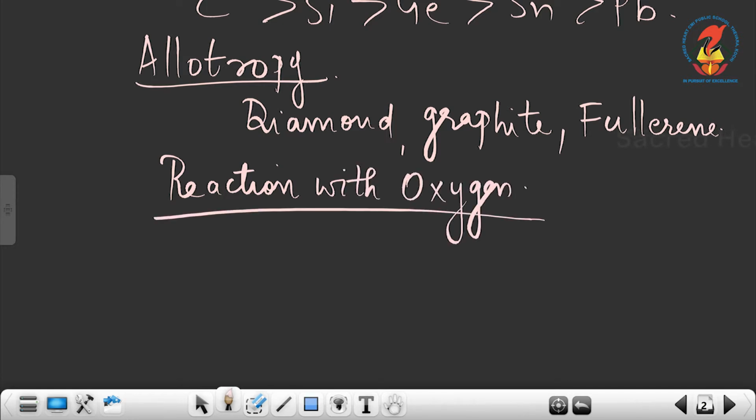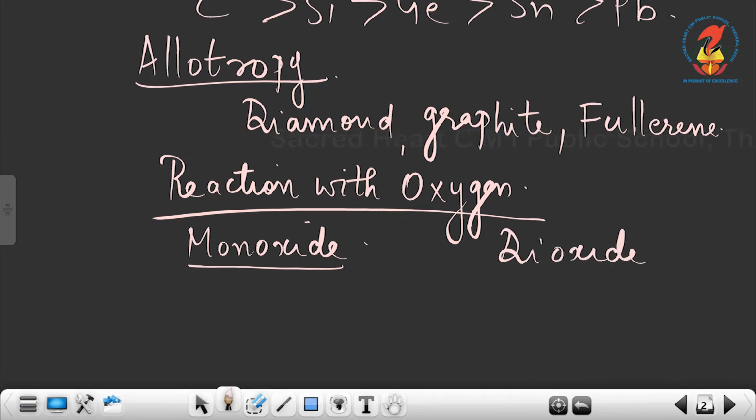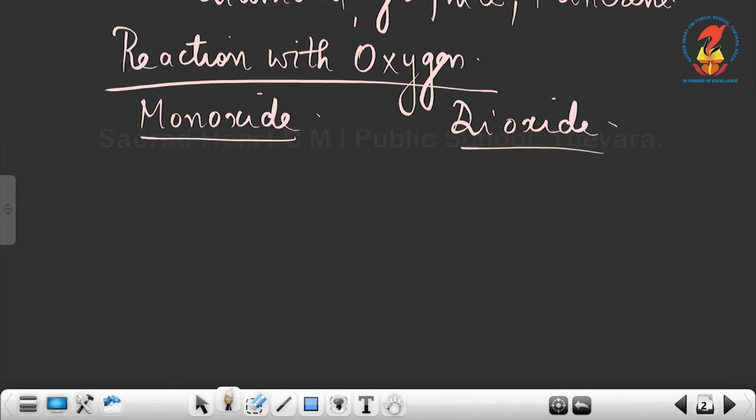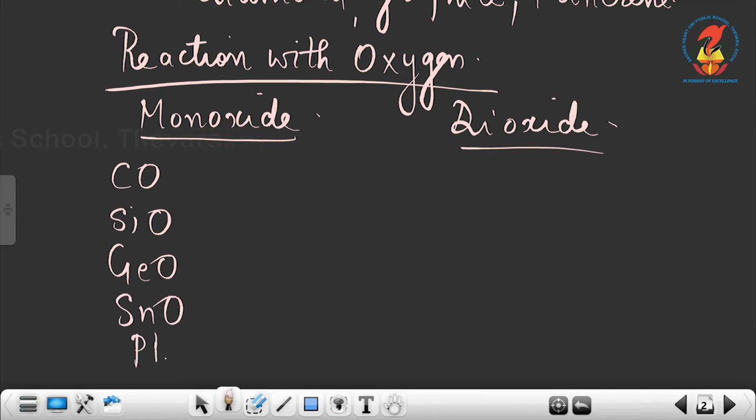Now, group 14 elements form 2 types of oxides. One is monoxide and the other is dioxide. Let us see the monoxides formed by group 14 elements. The monoxides are carbon monoxide, silicon SiO, germanium GeO, tin SnO and lead PbO, out of which carbon monoxide is a neutral oxide.